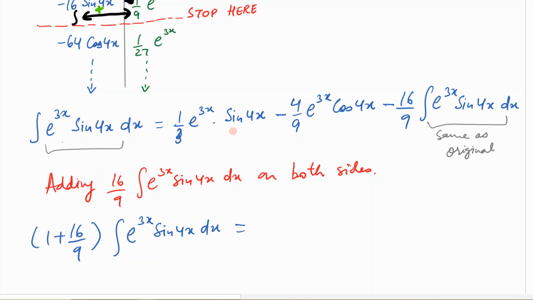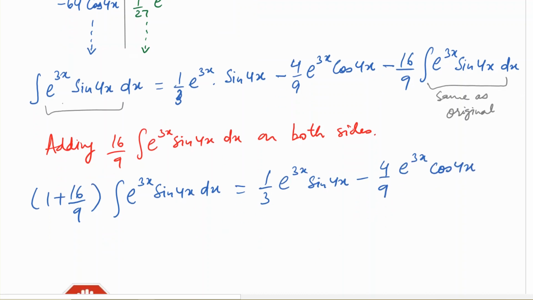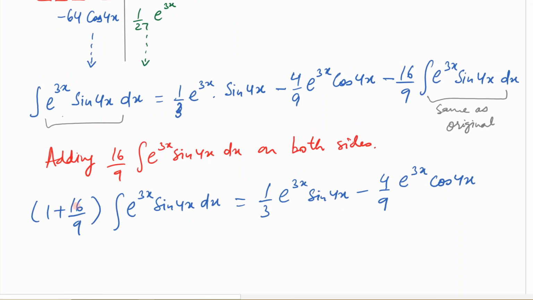equals to what we already have, which is 1 over 3 e raised to power 3x sine 4x minus 4 over 9 e raised to power 3x cosine 4x. In the next step, this one is 25 over 9.